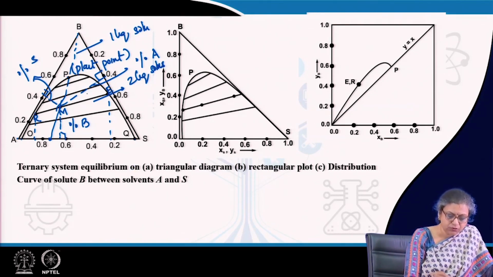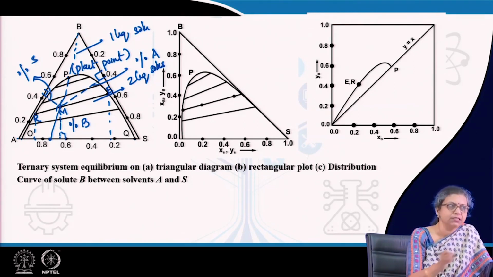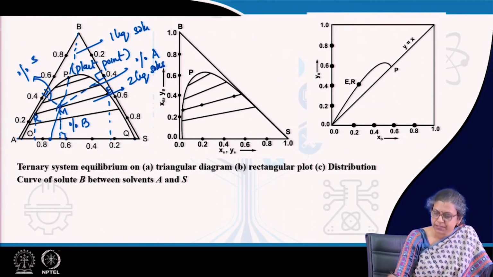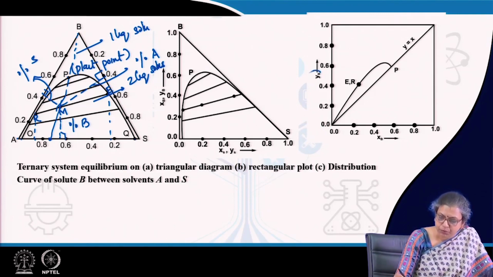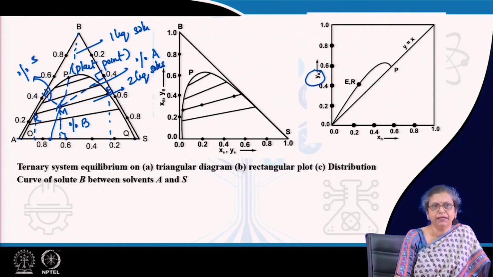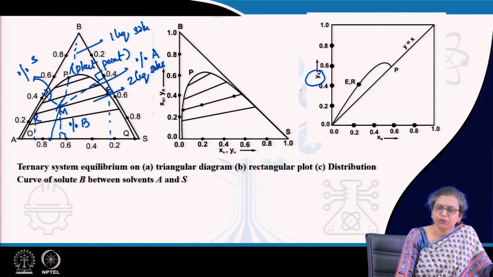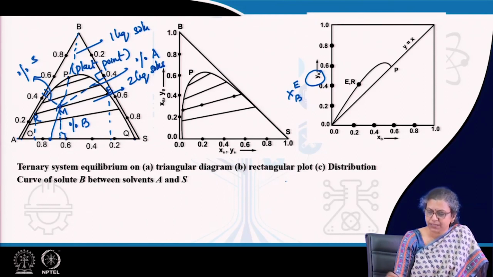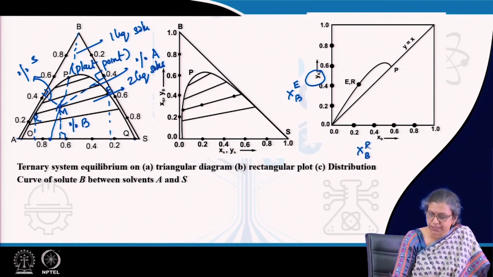Corresponding to the two ends of the tie lines, just as we have drawn in Txy, Pxy and other plots, we can plot the proportion of B in the extract phase. Normally that is shown as Yb. You can also denote it as Xb in the extract phase, and the proportion of B in the raffinate phase.